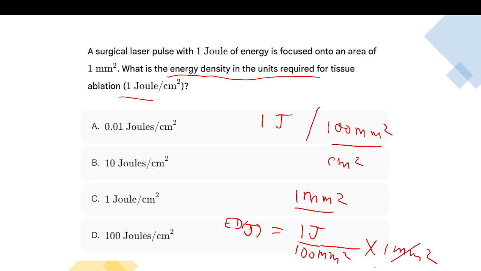It means this will go here, so it will be 100 joule per centimeter square. So it will be 100 joules per centimeter square.